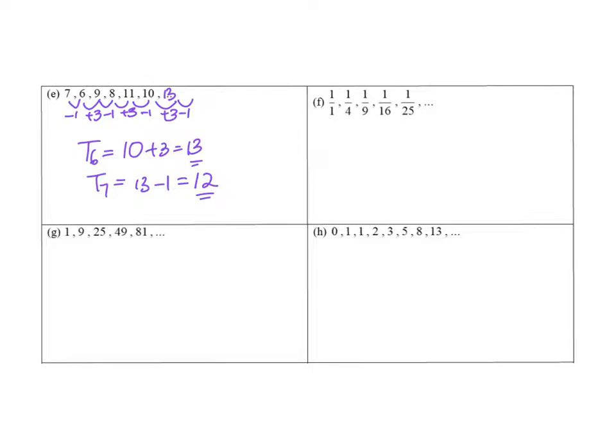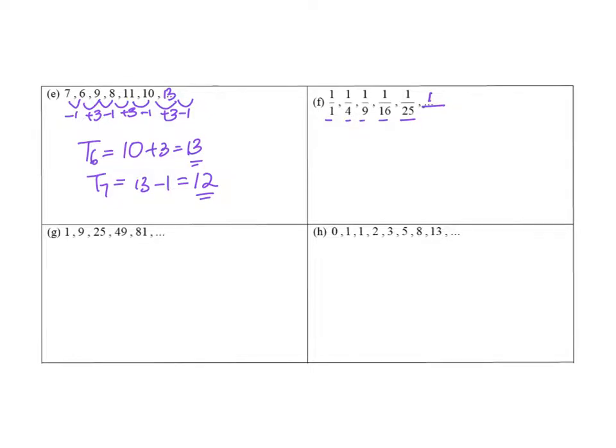Next one. This is 1 over. So all the terms here are all 1 over something. So it looks like the next term will also be 1 over something. Now what do we notice about the numbers 1, 4, 9, 16, 25?